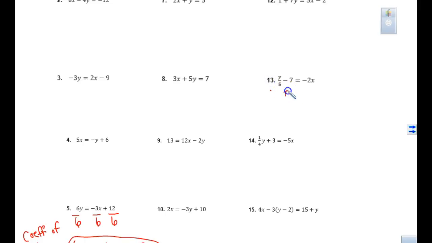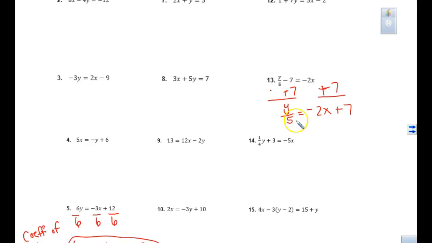I'm going to add 7 here. I'm going to add 7 way back here. Once I've done that, Wyatt, I'm going to end up with what? Y over 5 equals negative 2x minus 7. How about plus 7? All right, we have a plus here. Okay, we added 7 on both sides.